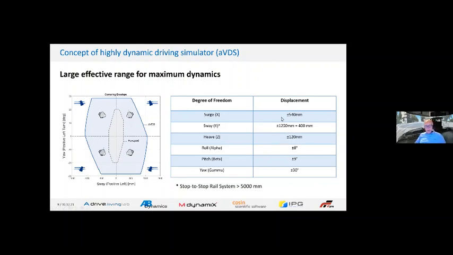In general we have 2.5 meters, but this is the effective motion room. Some simulators give a theoretical motion room which we cannot address, but in our case we have an effective motion of 2.5 meters, which will now be extended by a further 400 millimeters, so we come to roughly 3 meters.